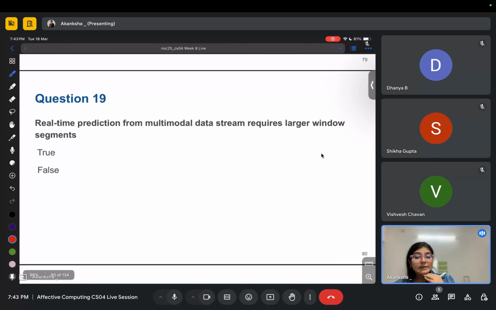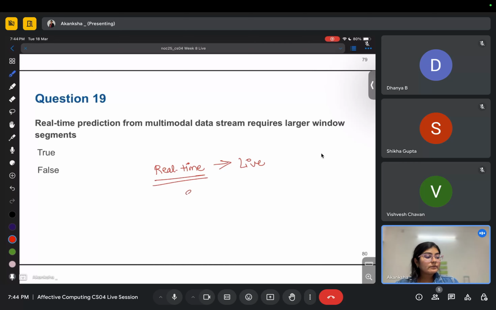Okay, real-time prediction from multimodal data stream requires larger window segments. True or false? Real-time prediction from multimodal data stream requires larger window segments. See, whenever you see the word real time anywhere in the questions, that means live, something is live.